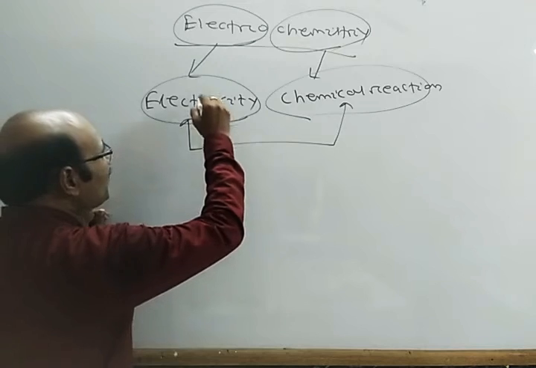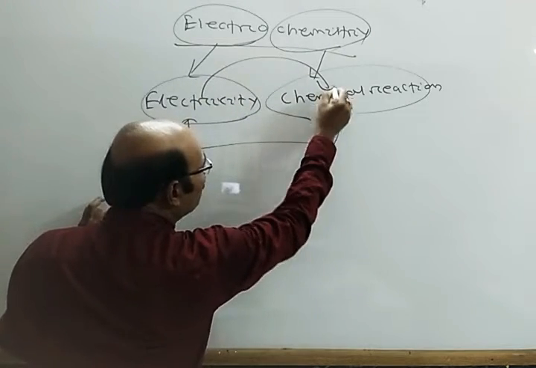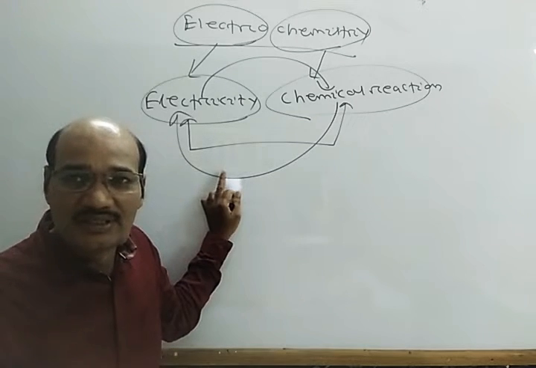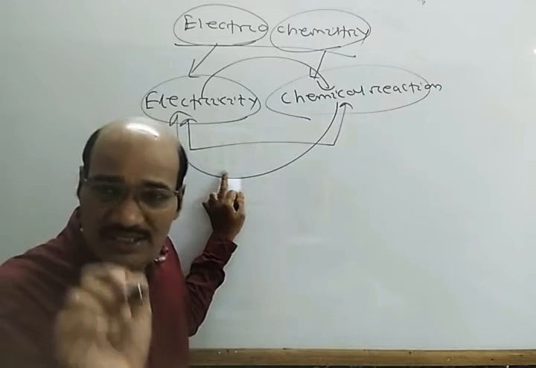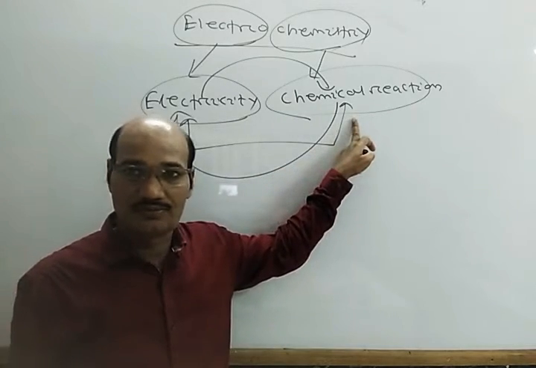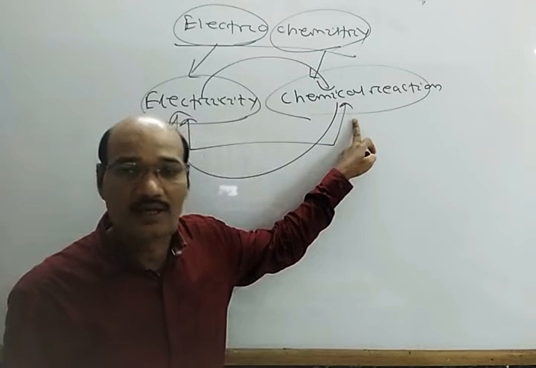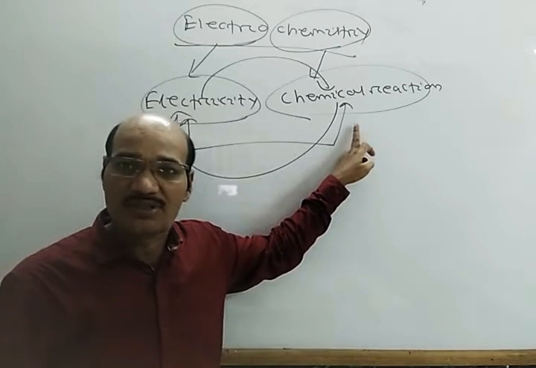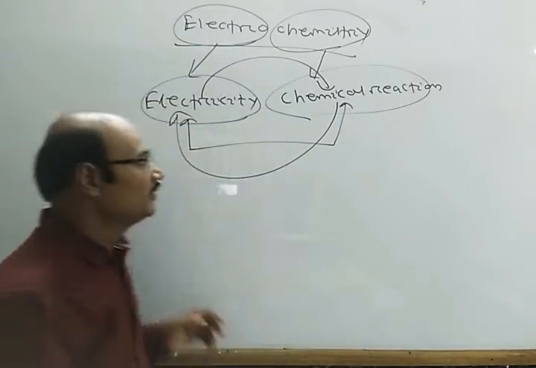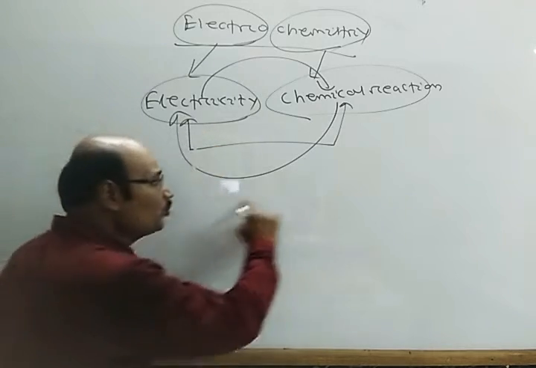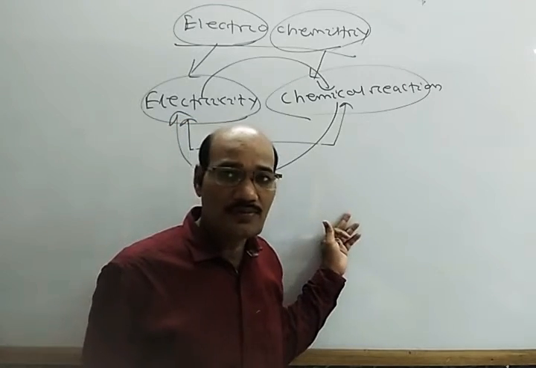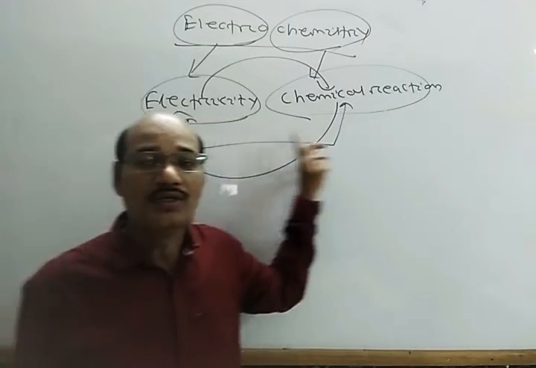Either from electricity to reaction or from reaction to electricity. So electrochemistry is the study of the relationship between electrical energy and chemical energy, and the process of interconversion of one into the other, converting electrical energy into chemical energy, or converting chemical energy into electrical energy.